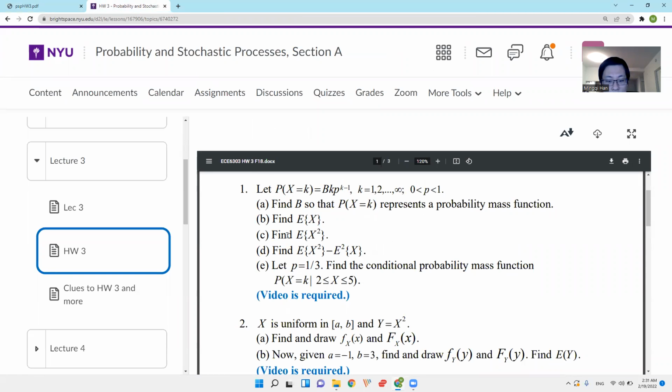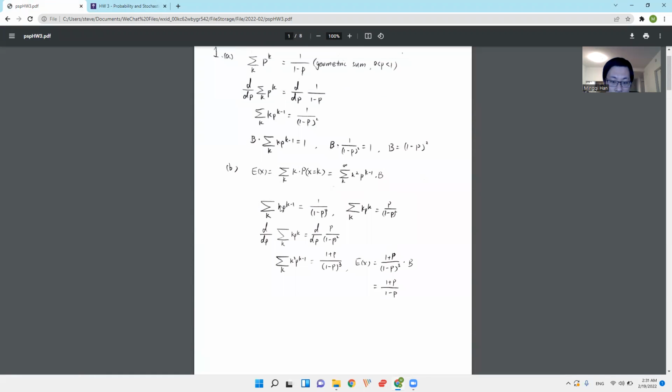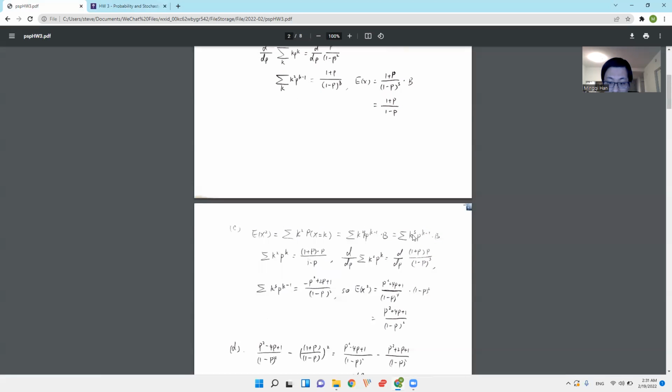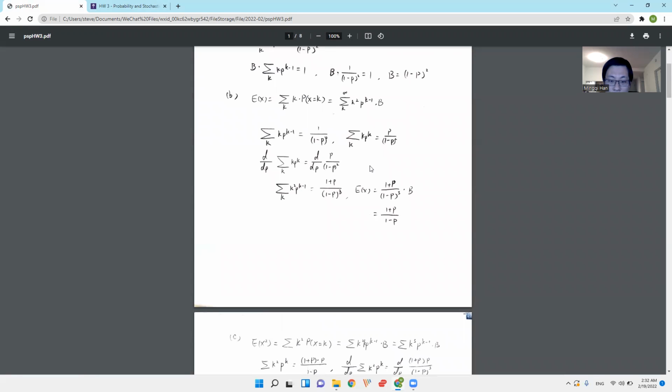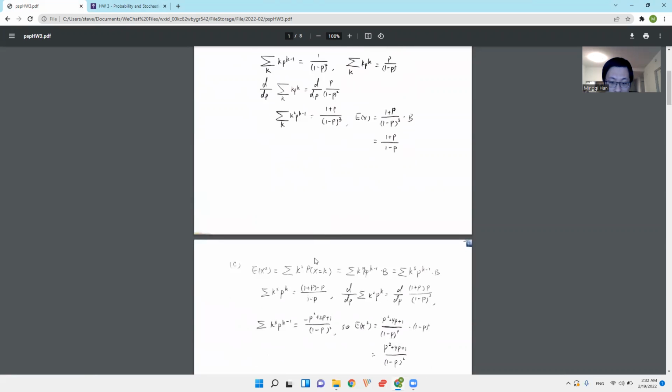And for part C, we should get the expected value of X squared. Knowing that we got the k squared term for the expected value, what we need here is a k cubed for the expected value of X squared. We can do the same, with the same reasoning as above, which means we also take the derivative on the left hand side, but also multiply by p before doing that.